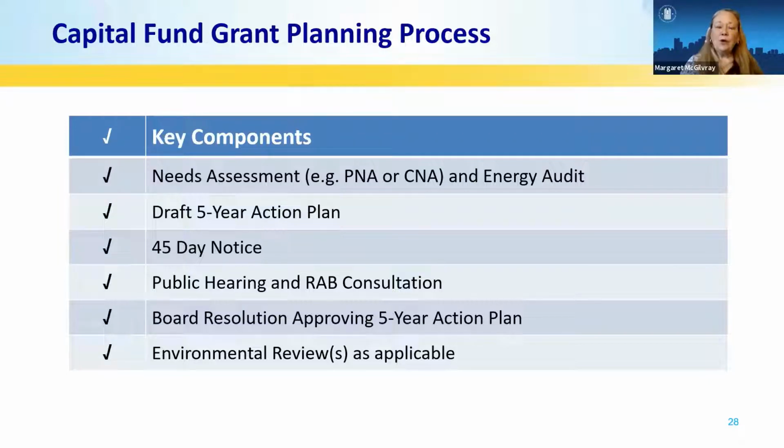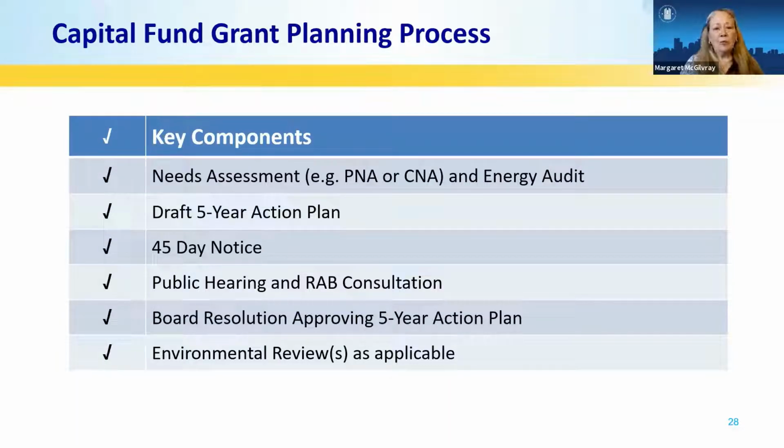Then the housing authority must obtain a board resolution that approves the 5-year action plan as well as the updated annual plan. So that's an important role for the commissioners, is to review that plan. At the public hearing, you are also obtaining RAB, or the Resident Advisory Board, input, and they have to have an opportunity to review and provide comments as well.